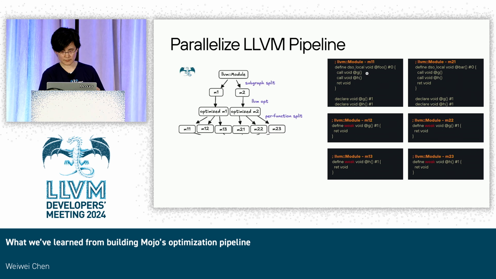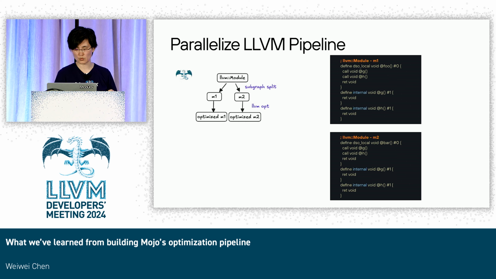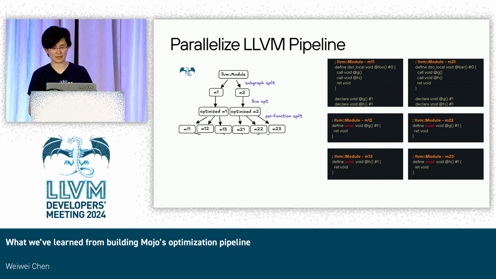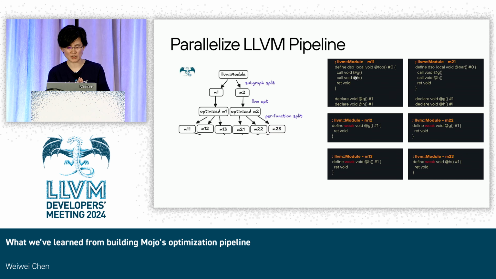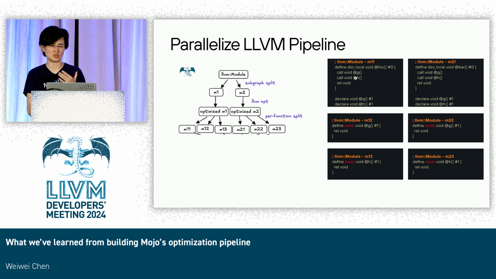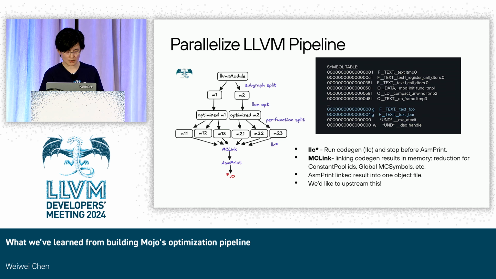And for foo and bar to see G and H, we also have to change the symbol linkage type from internal to weak, otherwise the function would be optimized away and the call would fail. So this is not perfectly ideal because we have duplicated code and we have to change the symbol linkage type. So we are doing something very unconventional here.